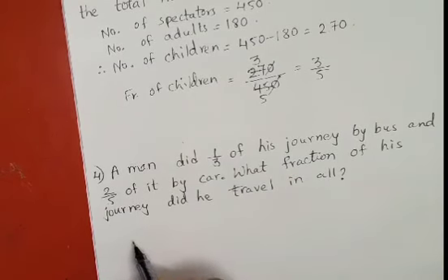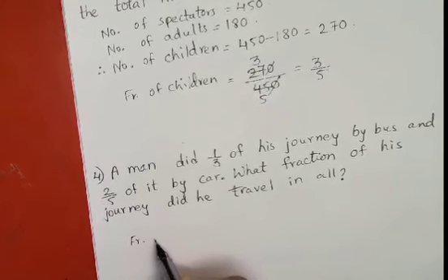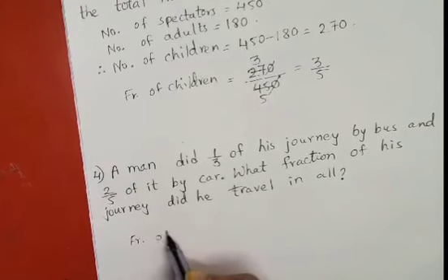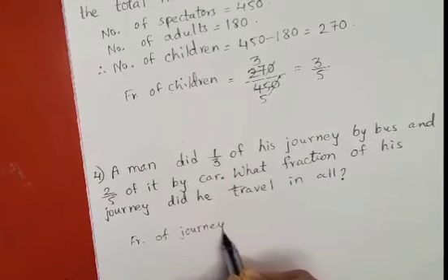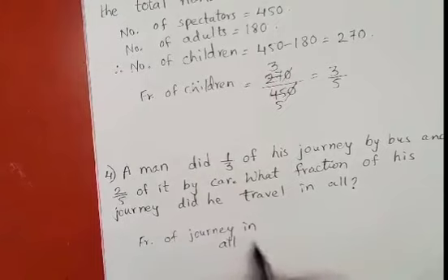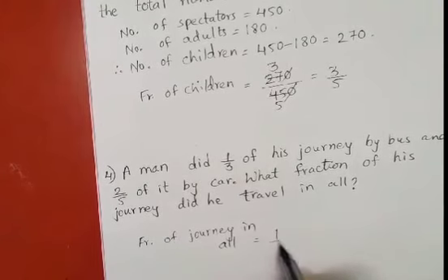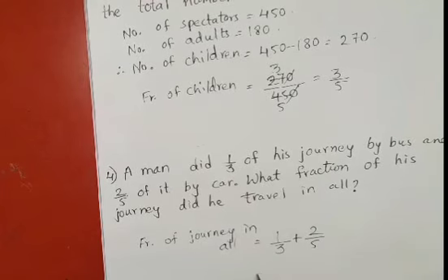So, fraction of journey in all is equal to 1/3 plus 2/5.